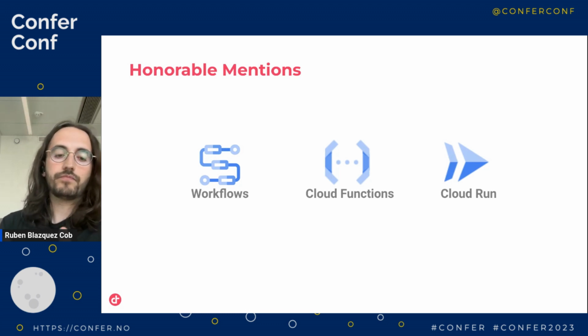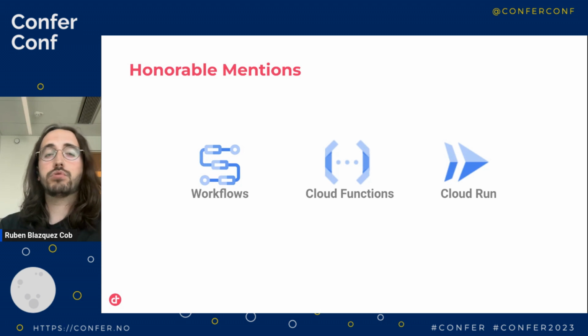Out of these three, I will be focusing slightly more on Cloud Workflows, just because I think it's pretty cool, but not that well known. But we also have Cloud Functions and Cloud Run. For those of you who don't know, Cloud Functions is just a simple serverless way to run a function.